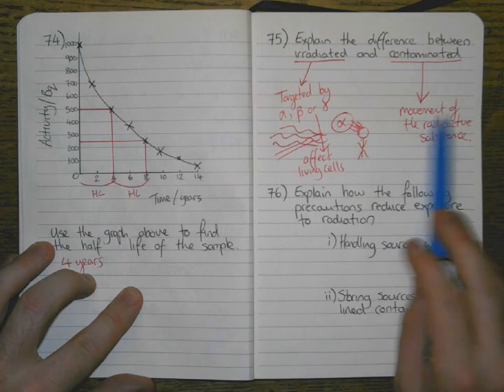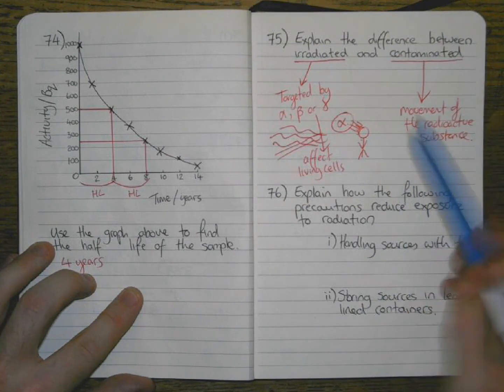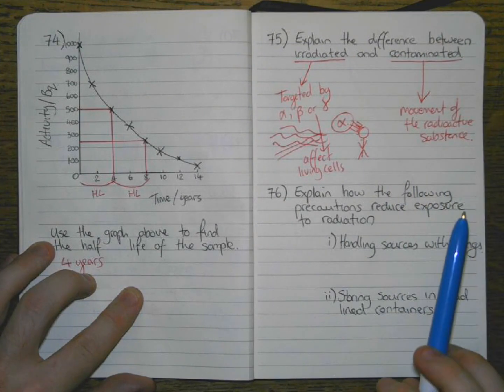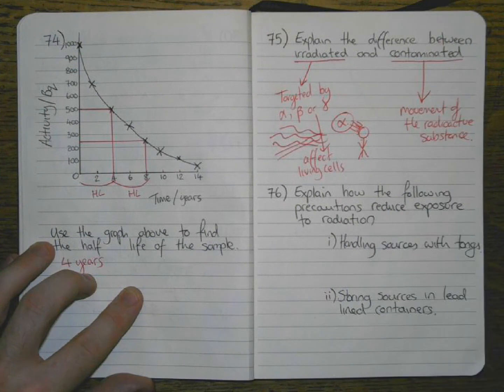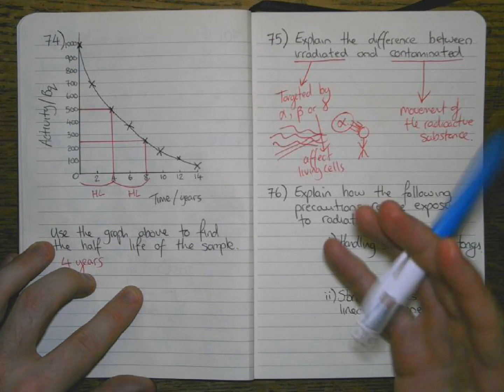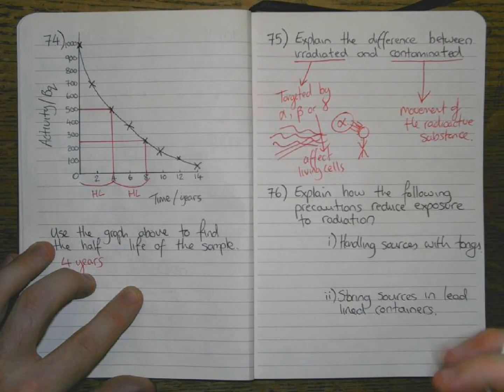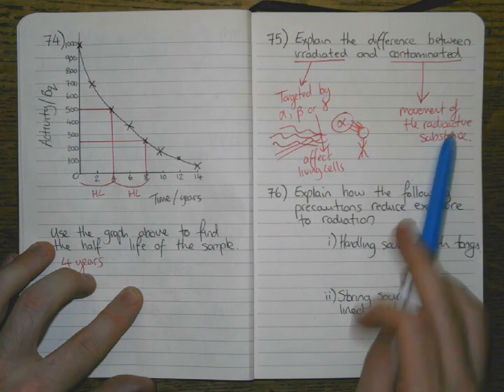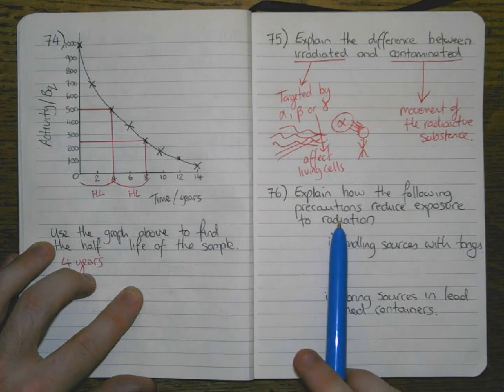You have transferred some of the radioactive substance onto yourself. You could also contaminate other things, such as your sandwich. If you touched a radioactive material, it could contaminate your hands, and then if you touch a sandwich, you could contaminate your sandwich. So it's the movement of the radioactive substance between different things.